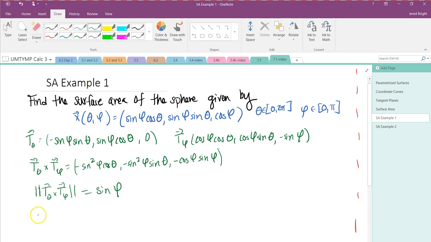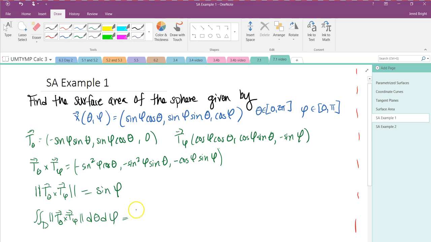And so then next I need to integrate over domain D of this, and this is going to be d theta d phi.